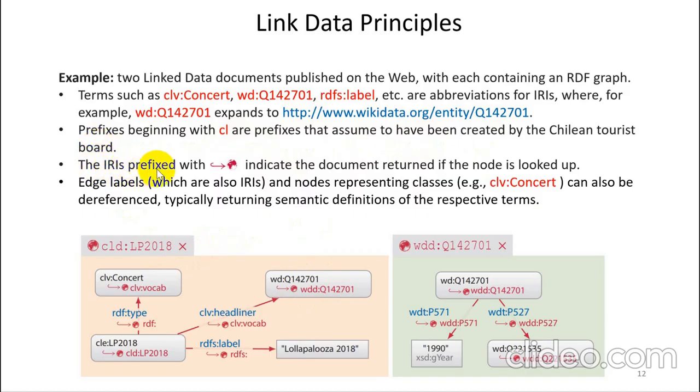The IRIs with this notation indicate that a document is returned if the node is looked up, and the labels are also IRIs and nodes representing the class. For example, this one can be the reference, typically returning the semantics and the definition of the respective term.